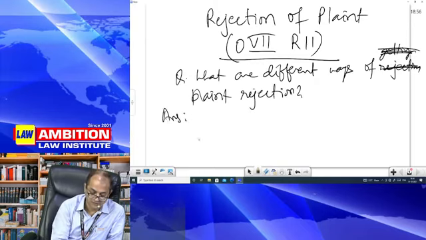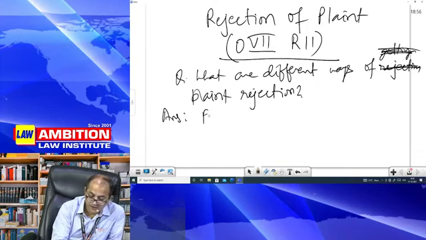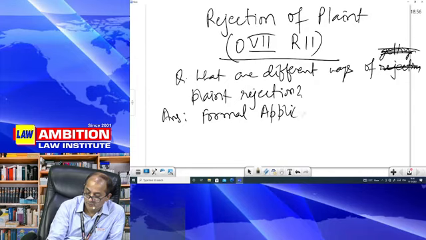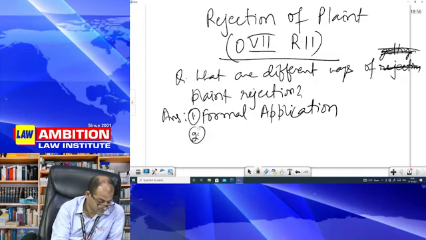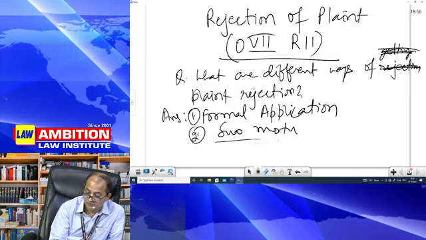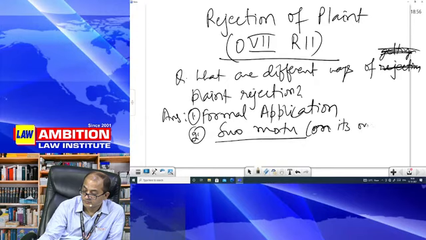So answer is, one is formal application, where the party will file an application for this purpose. Then there is suo motu, where the court can initiate its action on its own. Court अपने आप करेगा.